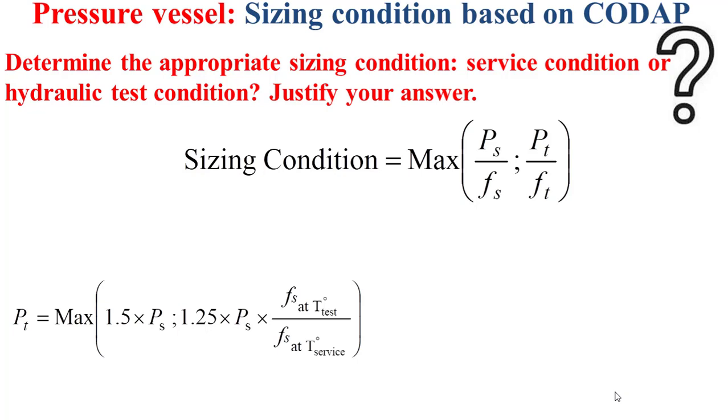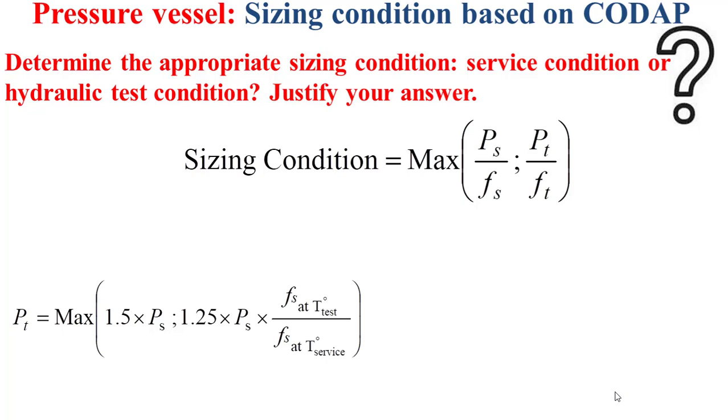It's to note here that the test pressure Pt is given as the maximum between 1.5 PS, PS of course being the service pressure, and 1.25 PS multiplied by the maximum allowable stress associated to the service, measured at the temperature of the test, divided by the maximum allowable stress associated to the service, measured at the temperature of the service.